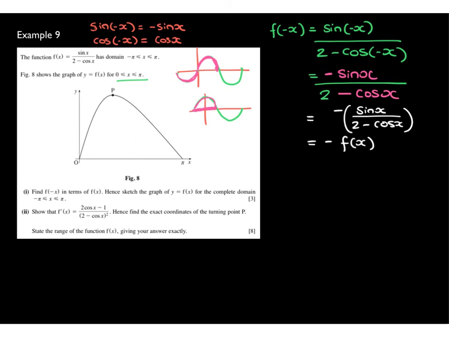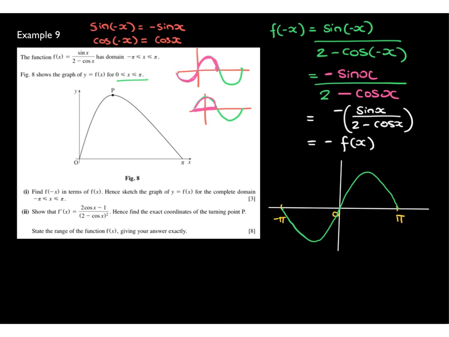So if we're sketching the function for the complete domain, then it's going to look as normal like that, but then this part will be a reflection like that.